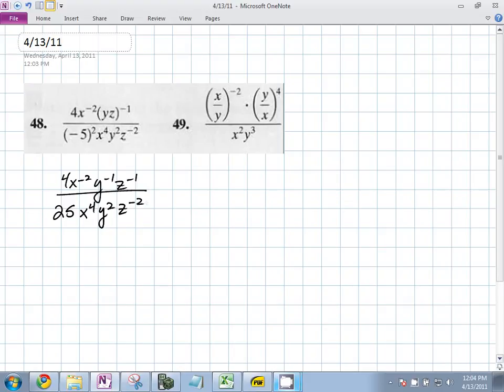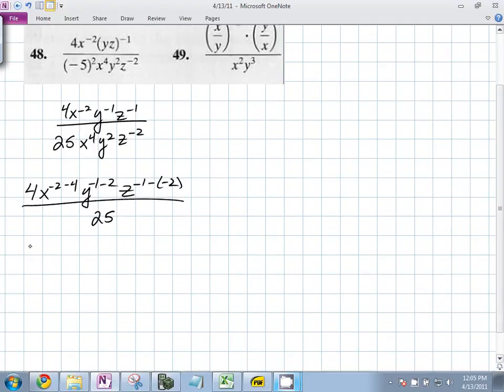So you end up with 4x to the -2 minus 4, y to the -1 minus 2, z to the -1 minus -2, thank you. Minus -2 all over 25, sure. So that's 4x to the y to the -3, right? Z to the all over.